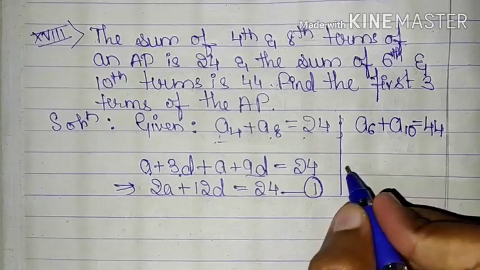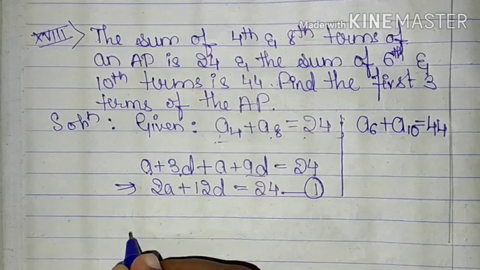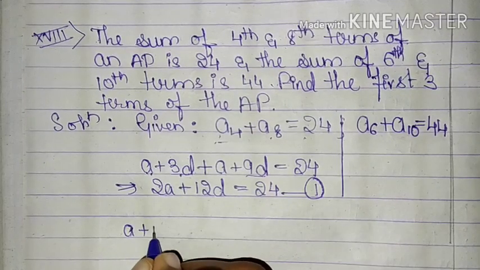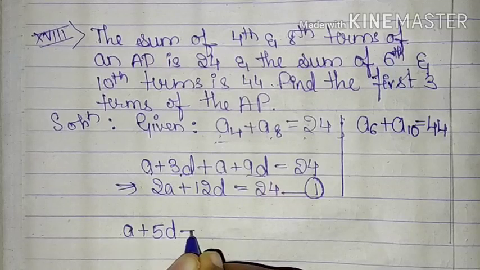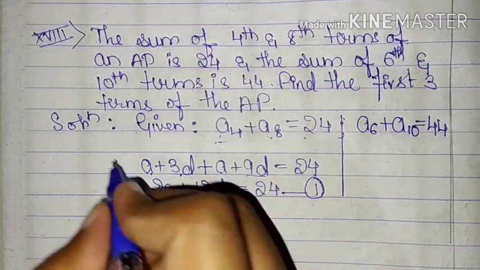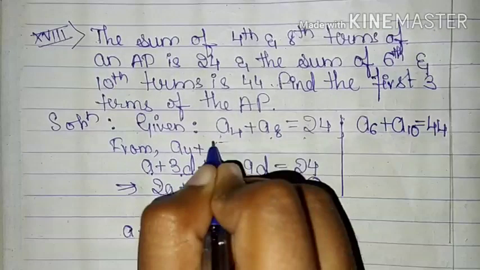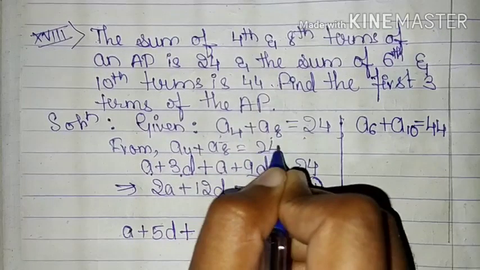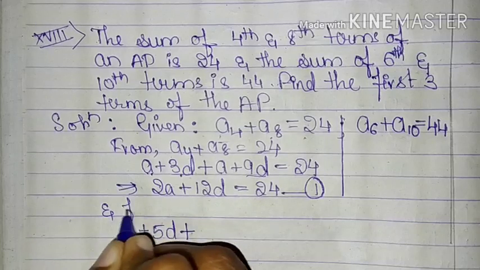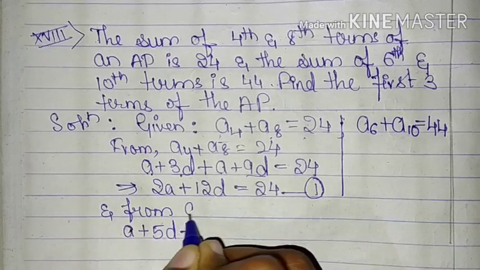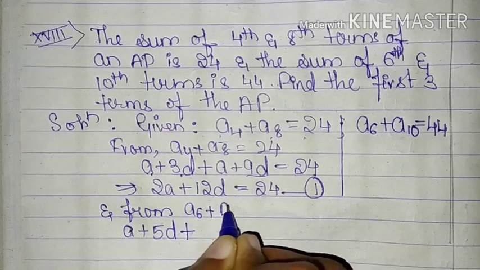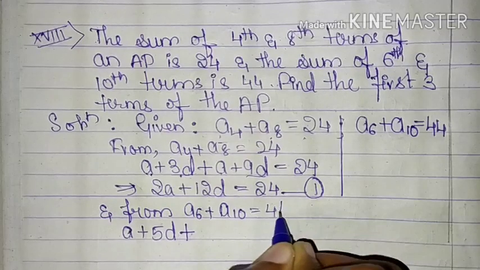Alright. Now, A6 can be written as A plus 5D. From the given, A4 plus A8 is equal to 24, and A6 plus A10 is equal to 44.